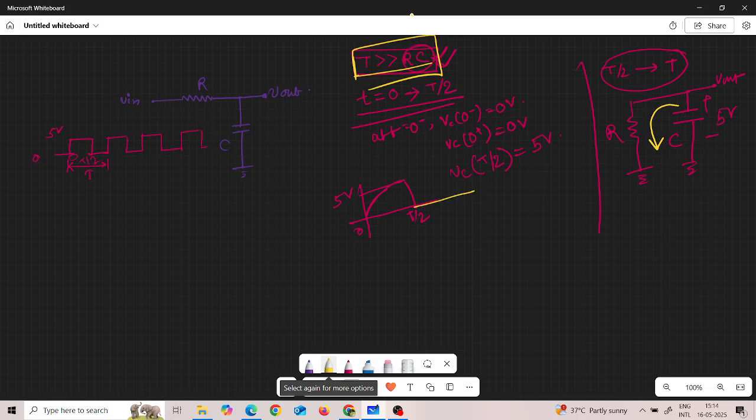So our output will look something like this for one cycle, and for the next cycle this waveform will repeat. If this is the input, then our output will simply look like this. This is our output waveform.